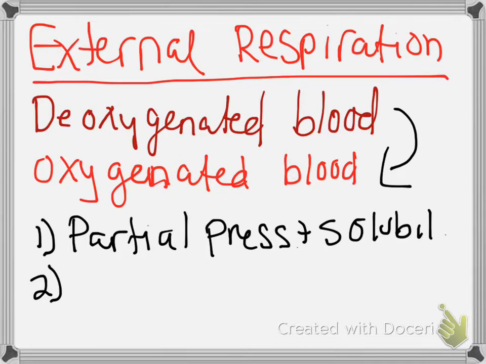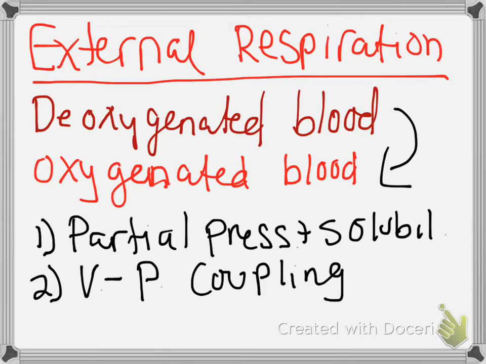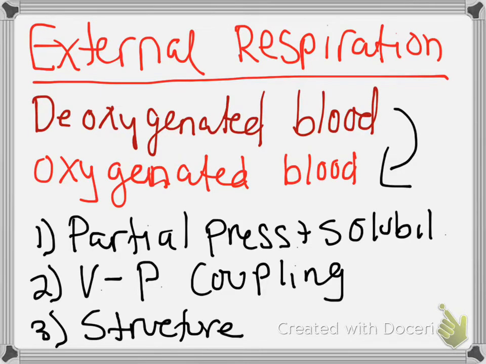And I'm just going to call that the ventilation perfusion coupling. I'm going to talk briefly about that because that can be a little confusing to understand. And next we just have the natural structure of the respiratory membranes. And the membranes allow for that gas exchange to happen on a tissue level.